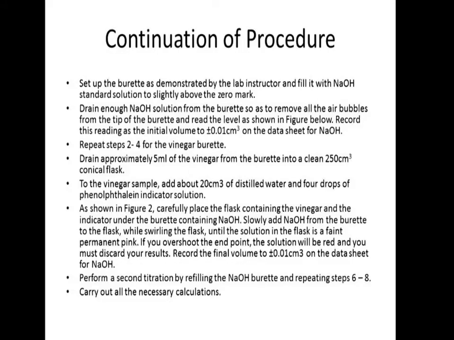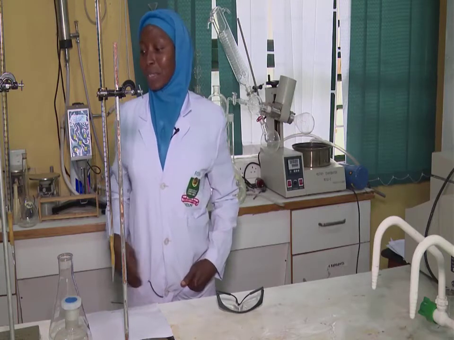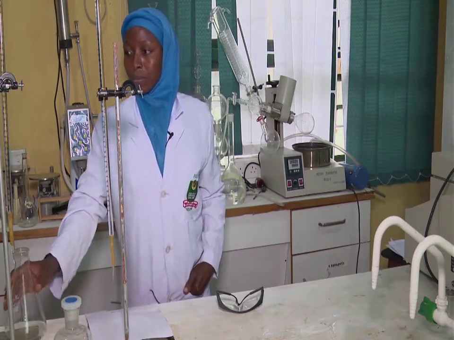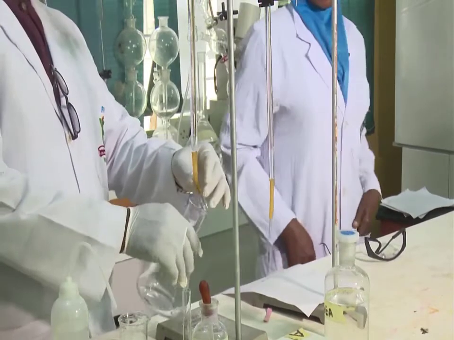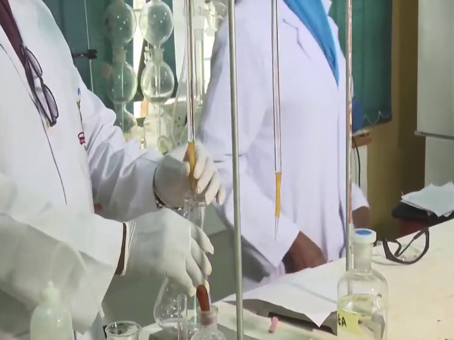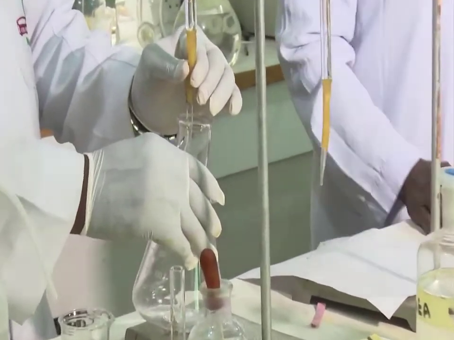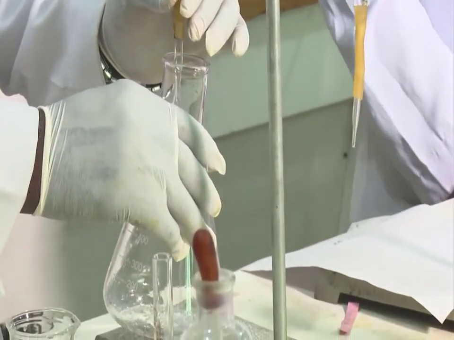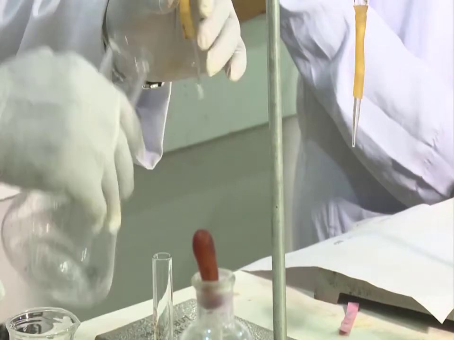Now the next thing is you have to drain approximately 5 ml of the vinegar from the burette into a clean 250 cm³ conical flask. Drain 5 ml of the vinegar from the burette into your conical flask.